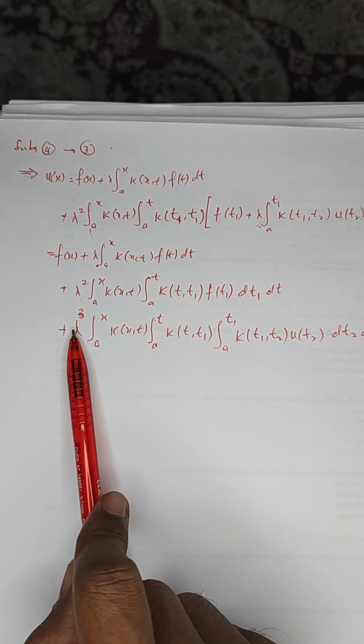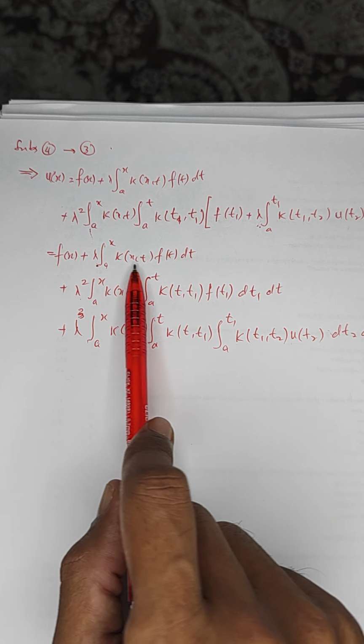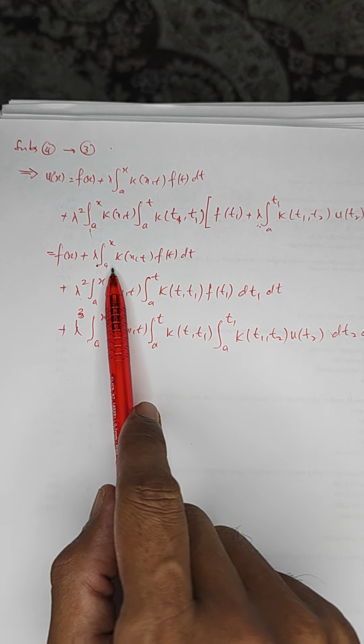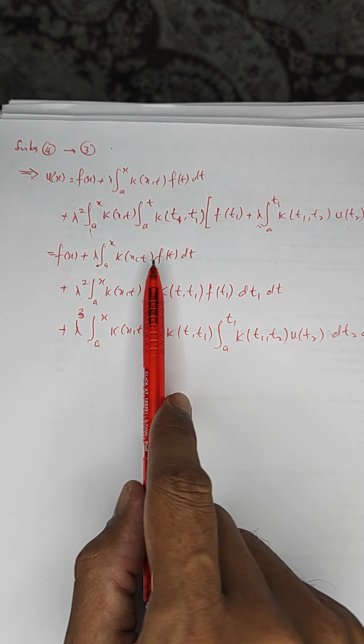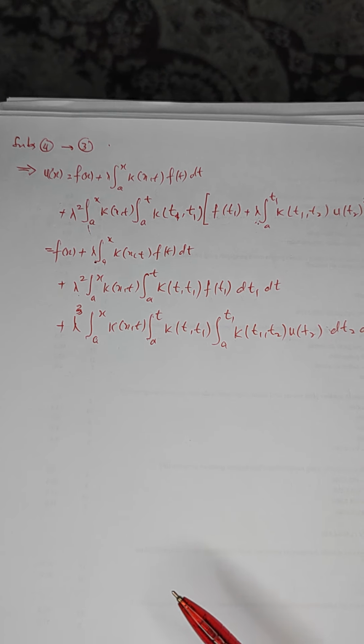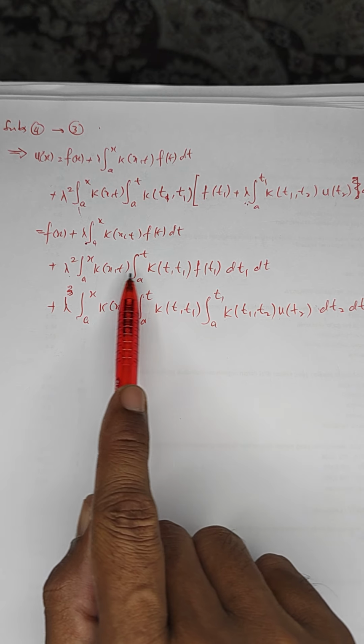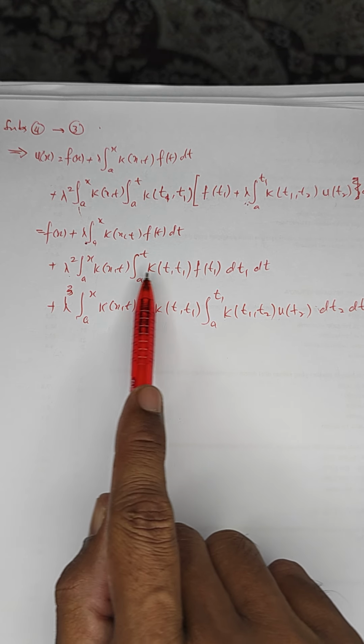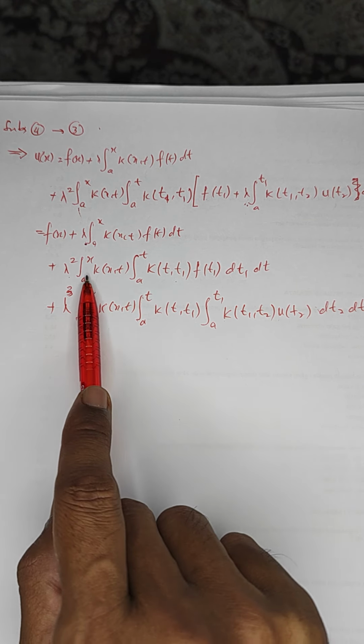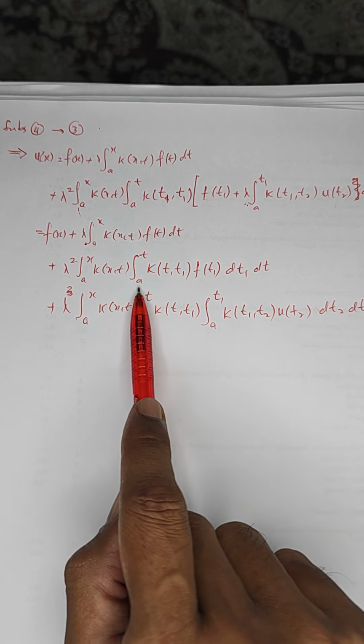So it's in order. In terms of the integration, we have a to x here, with k and f. In the second term we have two kernels, where the integration is a to x and a to t.